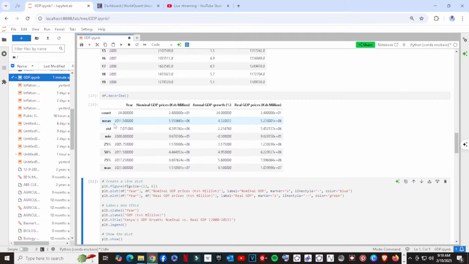But it's upon consumers of these statistics to make sense out of it in terms of relating it to the policy environment and global trends. So what I have here is nominal GDP price. The mean of that is about this value here. It may be huge as it is, but that's the value. That is the mean, and the standard deviation is that.